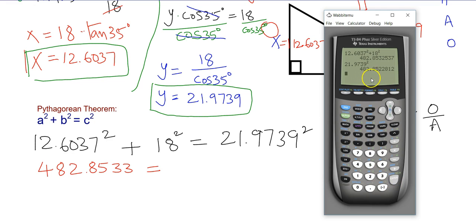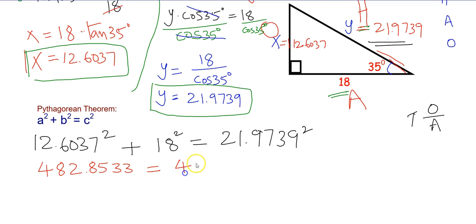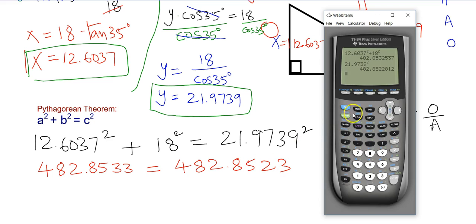That is 482.853228. So on rounding you will get 482.8523.